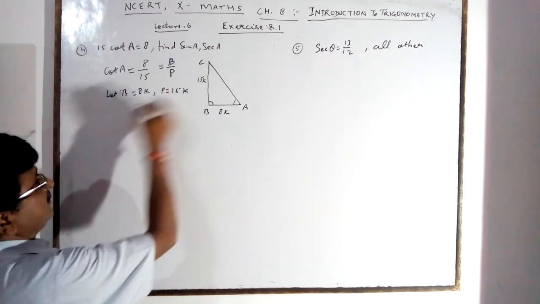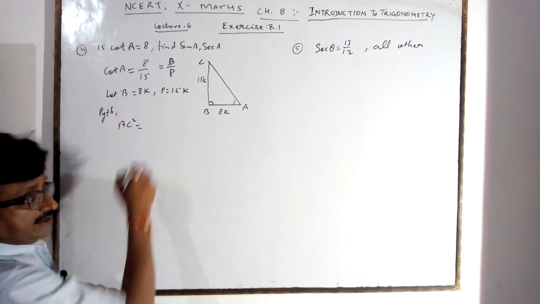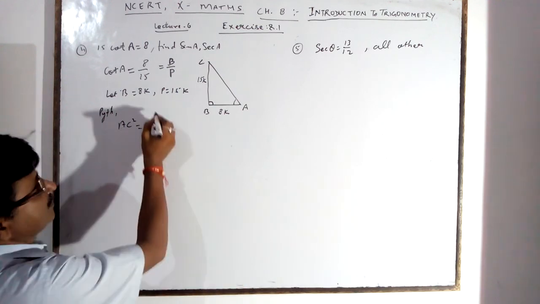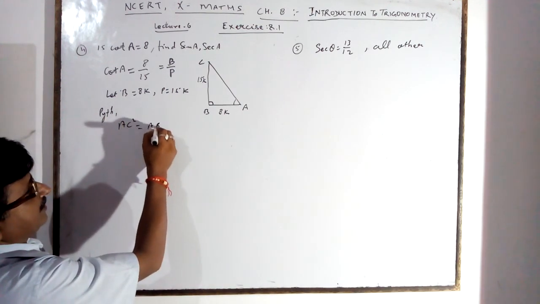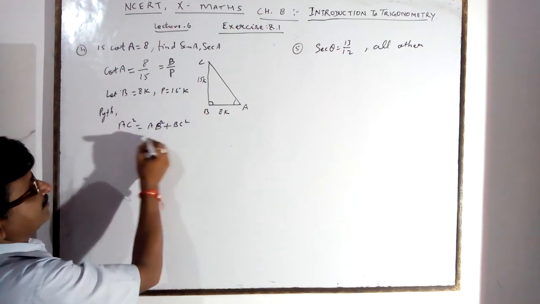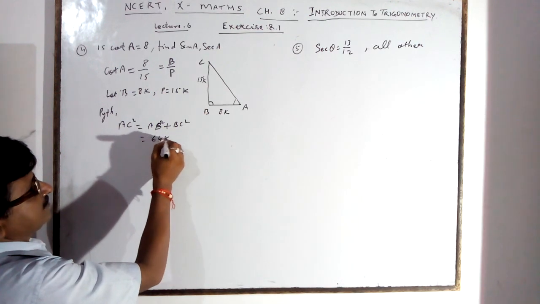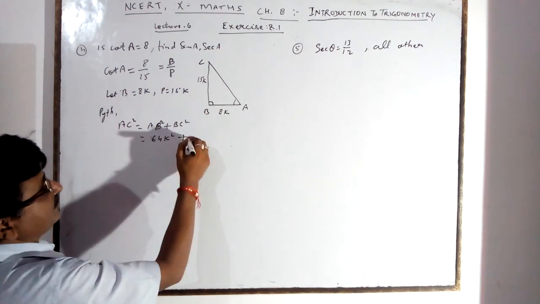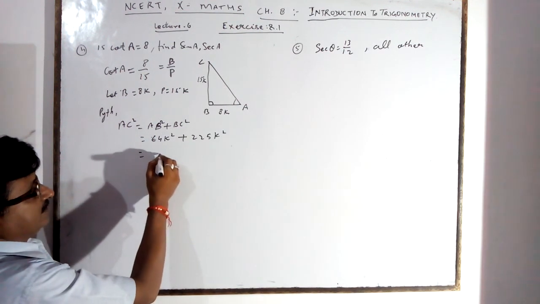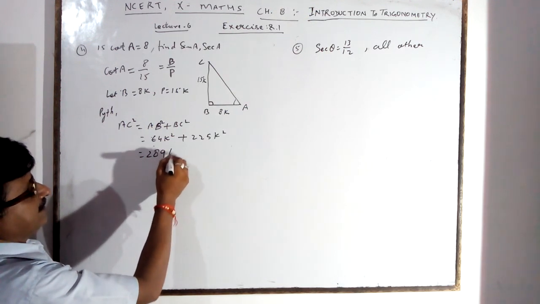Now apply Pythagoras again. The Pythagoras theorem is very useful for this chapter and the next chapter also. AC square is equal to AB square plus BC square, that is 8k square means 64k square plus 15k square is 225k square, which gives 289k square.